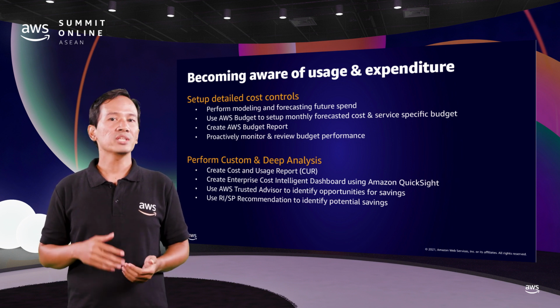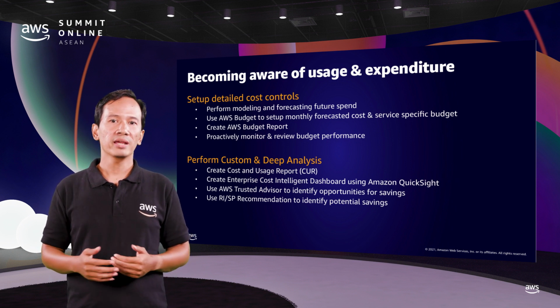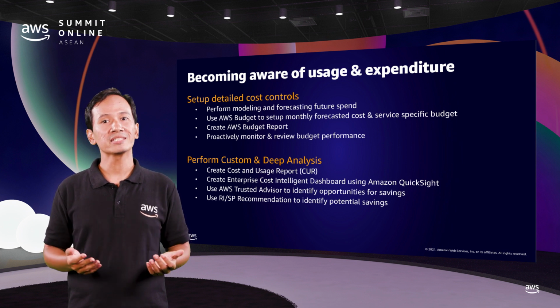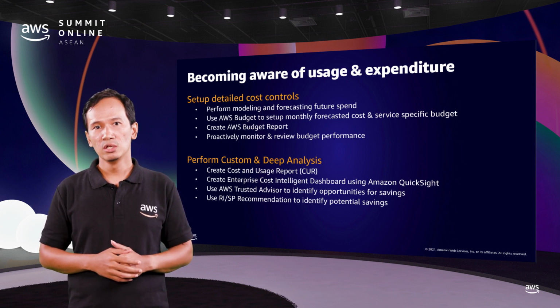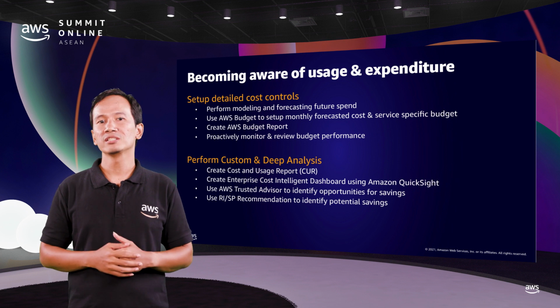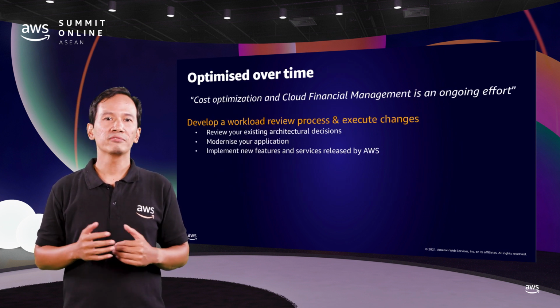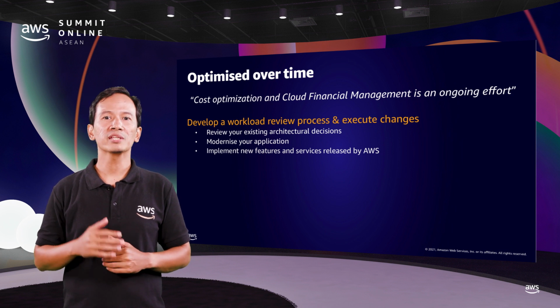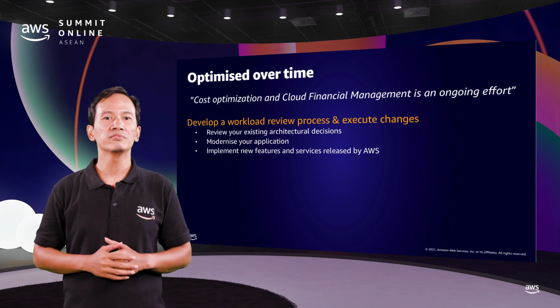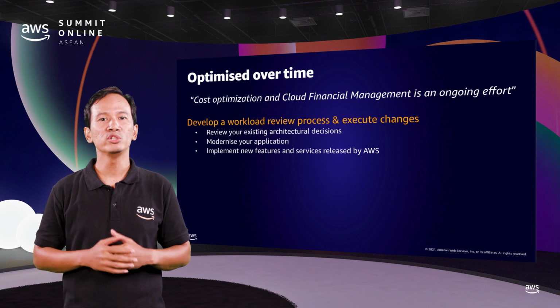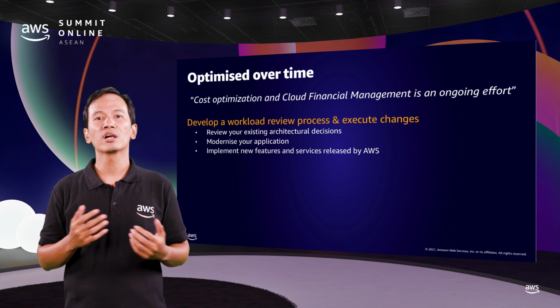Additionally, you can use AWS Trusted Advisor and Reserved Instance and Savings Plan recommendations to identify potential savings. To ensure that you always have the most cost-efficient workload, you must regularly review the workload to know if there are opportunities to implement new services, features, and components.